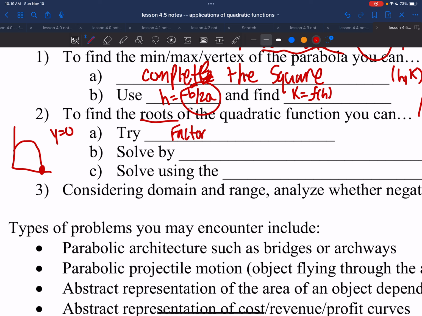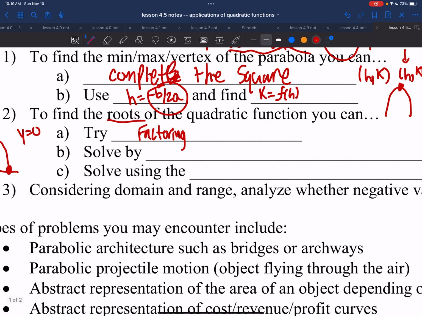When you work with real world situations, it's going to be a little rare that factoring works, but sometimes the word problems are more of a thinking exercise than an actual realistic thing. So maybe you can try solving by factoring. You could solve by completing the square. We've talked about that.